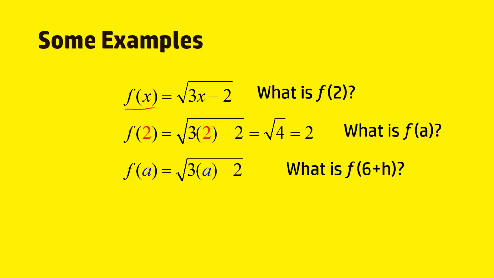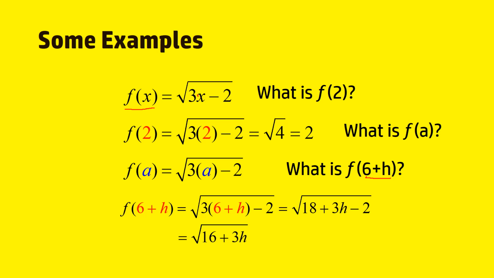What is f of 6 plus h? Well, f of anything is multiply that thing by 3, subtract 2 from the result, and then take a square root. We'll just do that with the binomial 6 plus h. So multiply all that by 3, subtract 2. With the parentheses, of course, we're going to have to distribute 3. So 18 plus 3h minus 2.